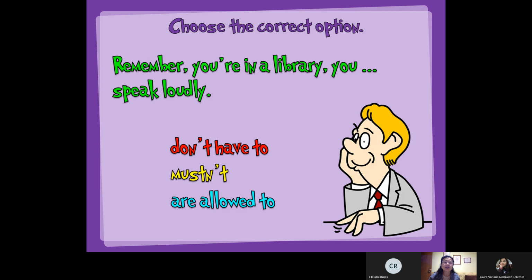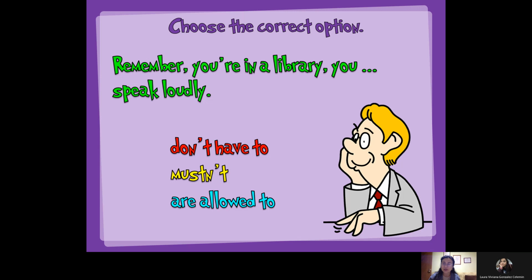And are allowed to for something that is not prohibited, que es permitido hacer. Remember, you are in a library. What is a library? A library is like a Virgilio Barco library, for example. And you don't have to, you mustn't, or you are allowed to speak loudly.